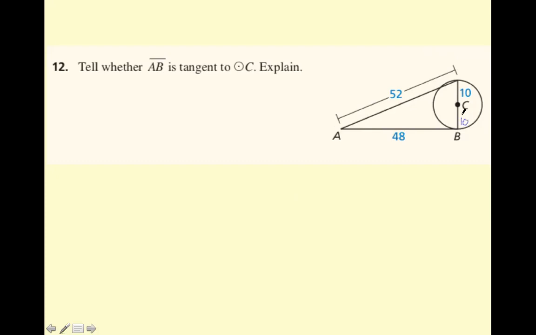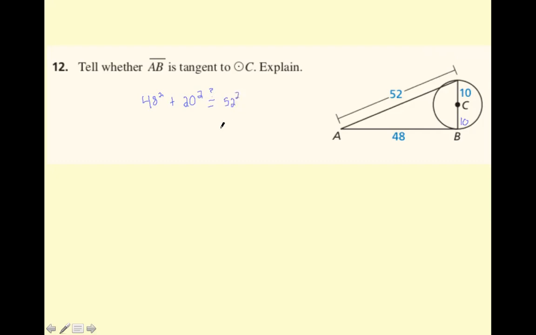So when I'm using the Pythagorean theorem, I want to check, is 48 squared plus, and it's not 10 squared, because each of those radii is 10, so the diameter is 20. So is 48 squared plus 20 squared equal to 52 squared? That's what I'm trying to check.